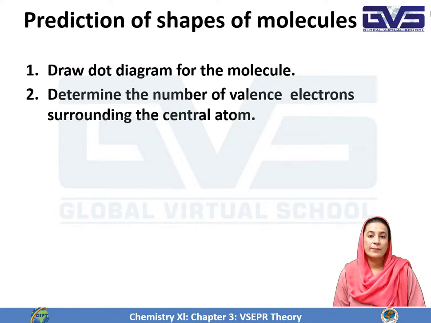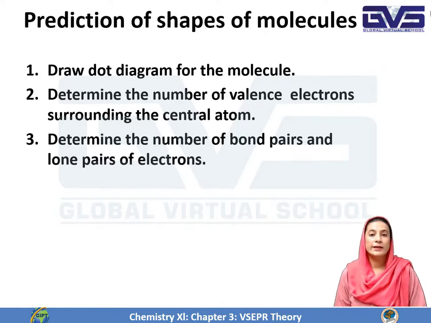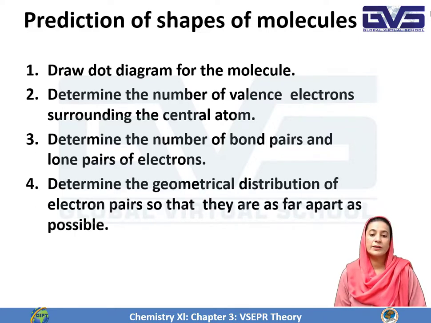In the second step, determine the number of valence electrons surrounding the central atom, only the valence electrons. Then determine the number of bond pairs and lone pairs of electrons. Then determine the geometric distribution of the electron pairs so that they are as far apart as possible and have minimum repulsion.